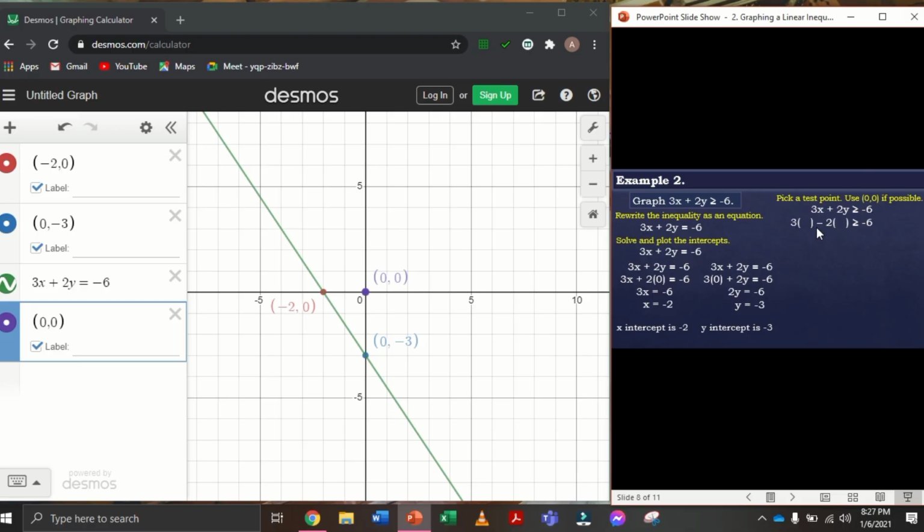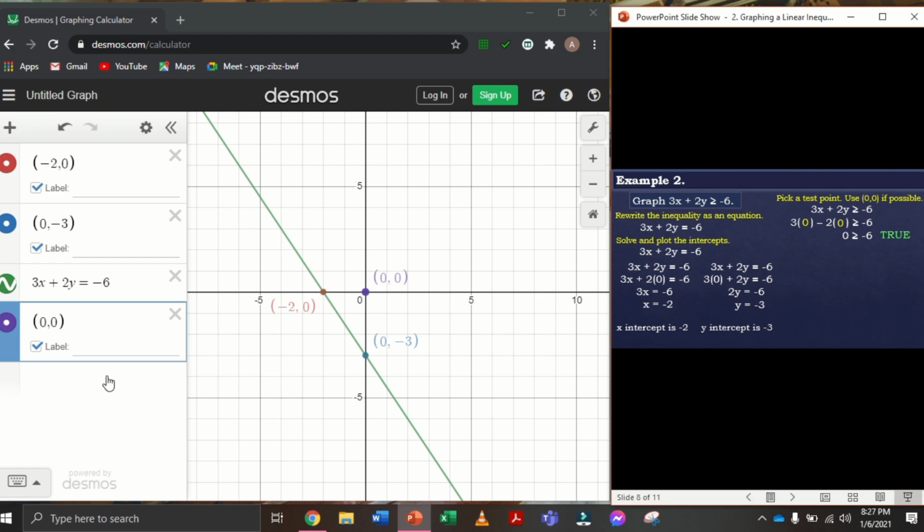So, substitute natin yung 0, 0. So, this will be equal to 0. And 0 is greater than negative 6. Is this true? Yes, this is true. Therefore, since this is true, pag ginraph natin to, dapat kasama yung test point na 0, 0.